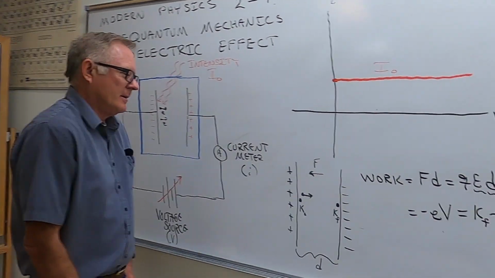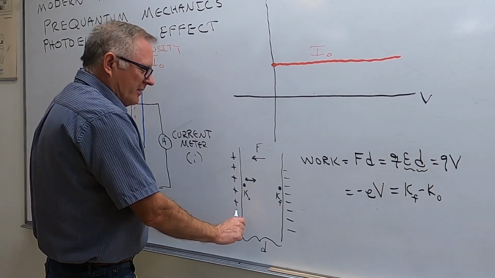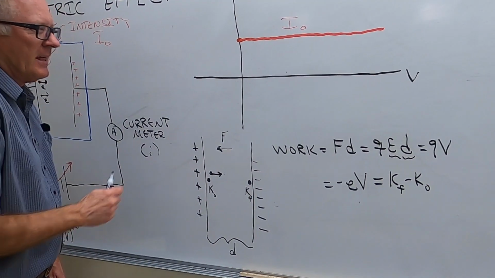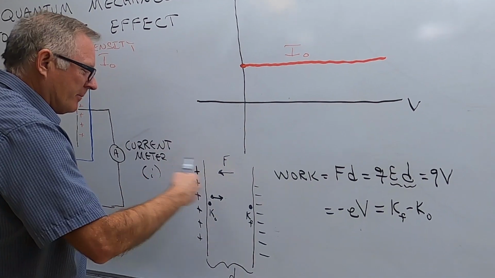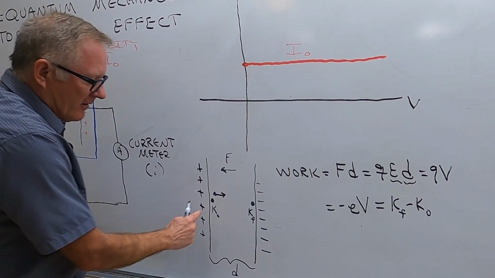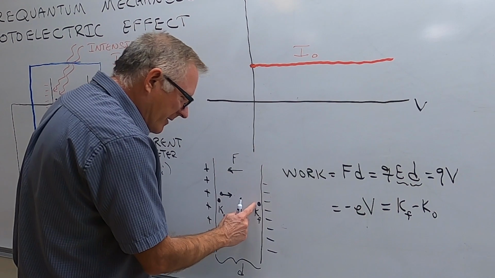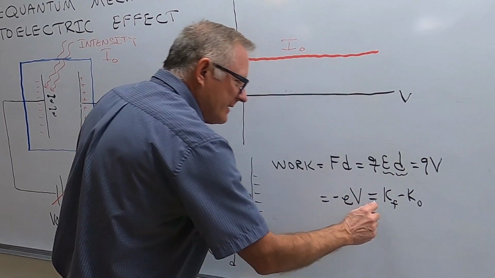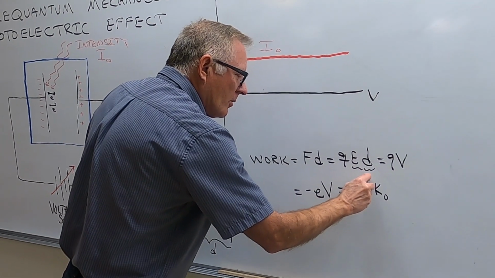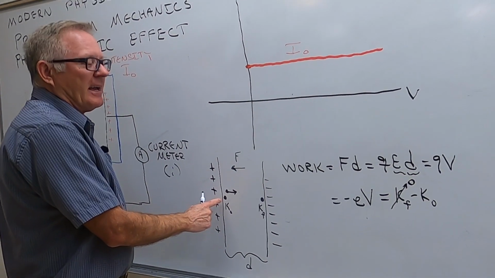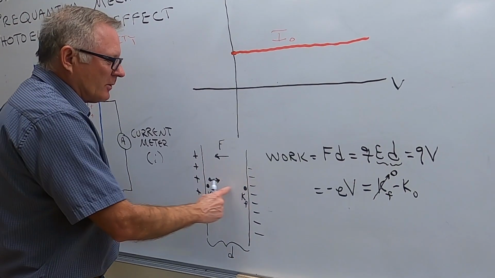Well, I want to know what voltage I need to just stop them. That is, I'm going to turn off all the current, right? That would mean the final kinetic energy is 0. They stopped before they got there, so this will go to 0. And these must have been the fastest ones, because they were the last ones to make it there.